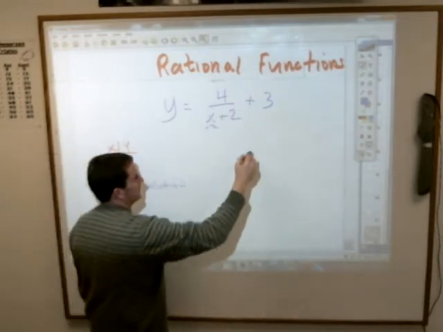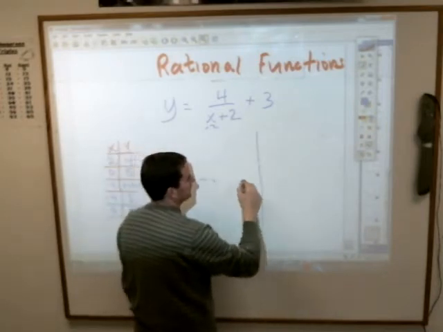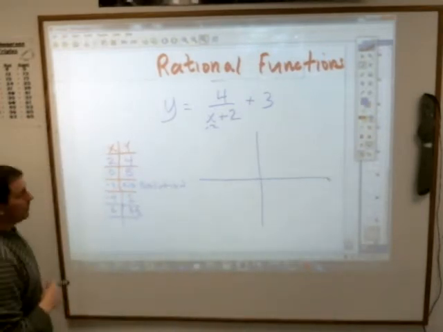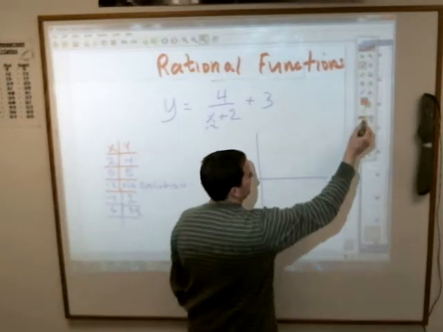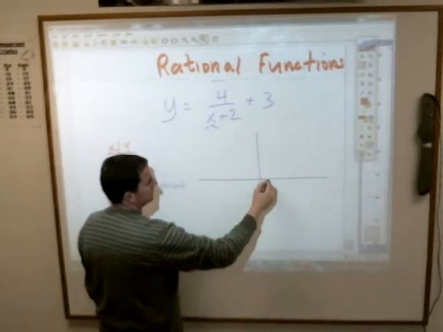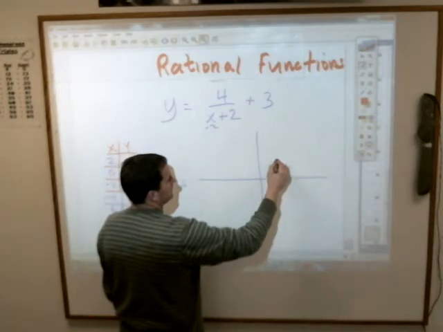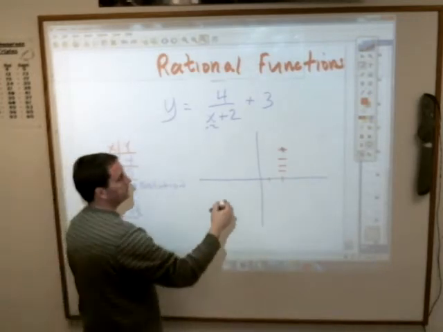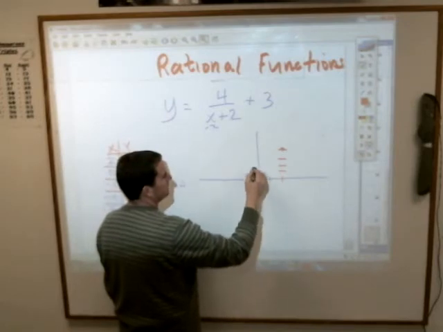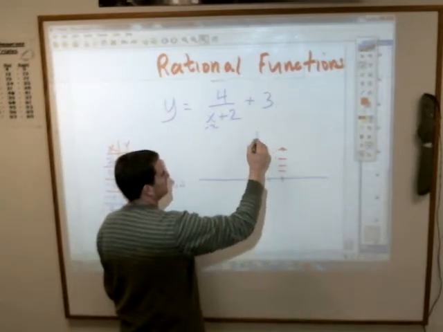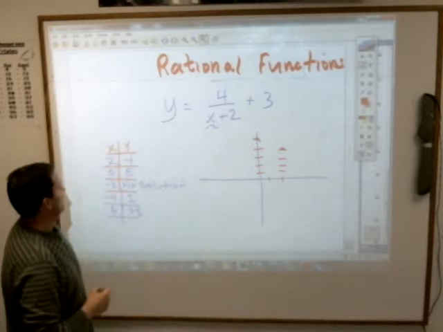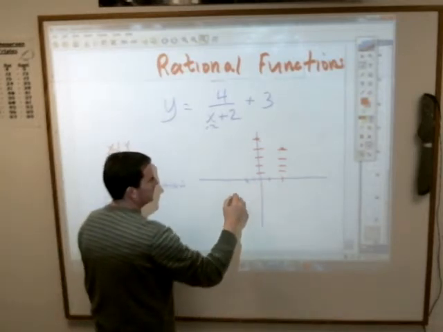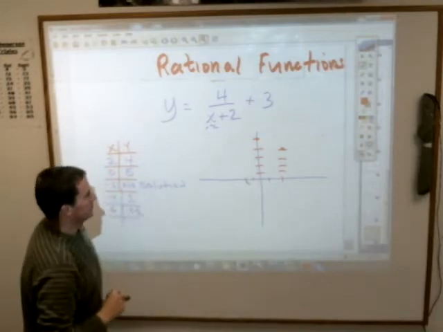Okay, if I was going to graph this, oh, I forgot to give you some graphing paper. I have a ruler. That's 2, 4, 0, 5, right here. -2, interestingly enough, has no solution to it.